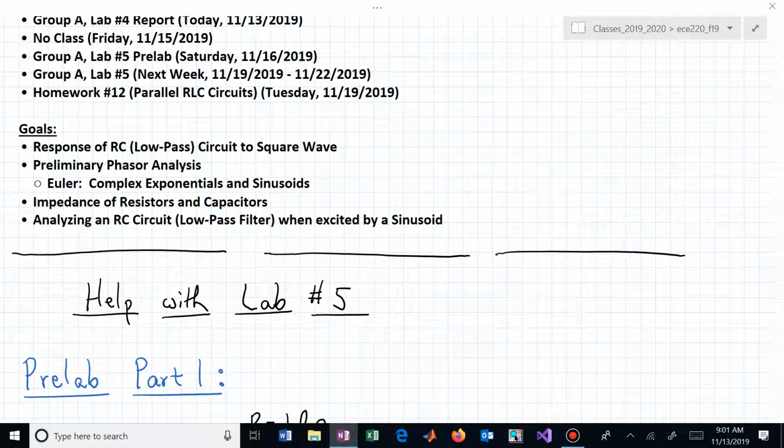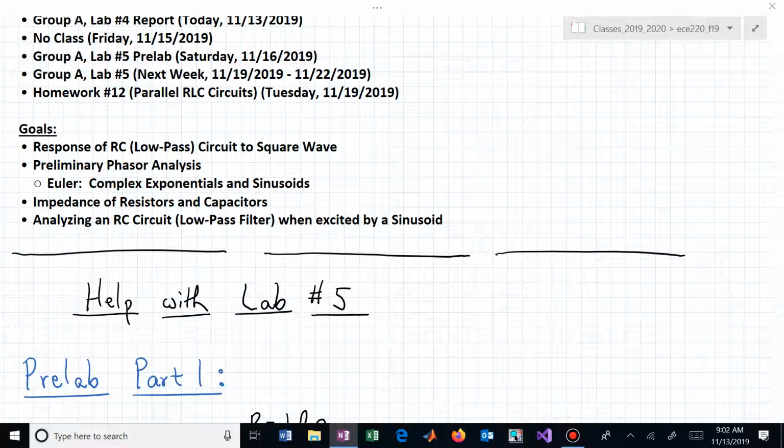We'll back up and start Chapter 9 fresh, but today I want to give you the necessary steps with which to complete pre-lab number 5, and lab number 5 involves Chapter 8 and Chapter 9 material.